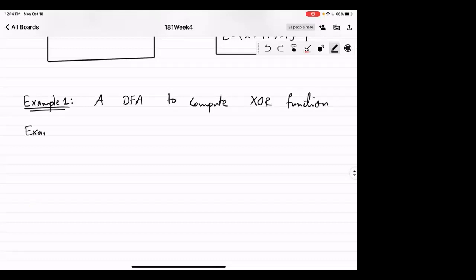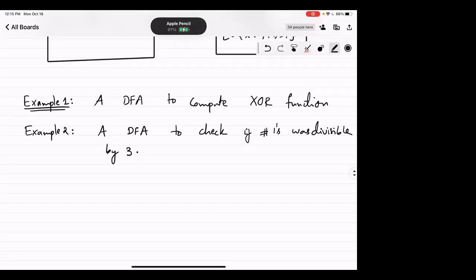And example two was a DFA to check if the number of ones was divisible by 3.